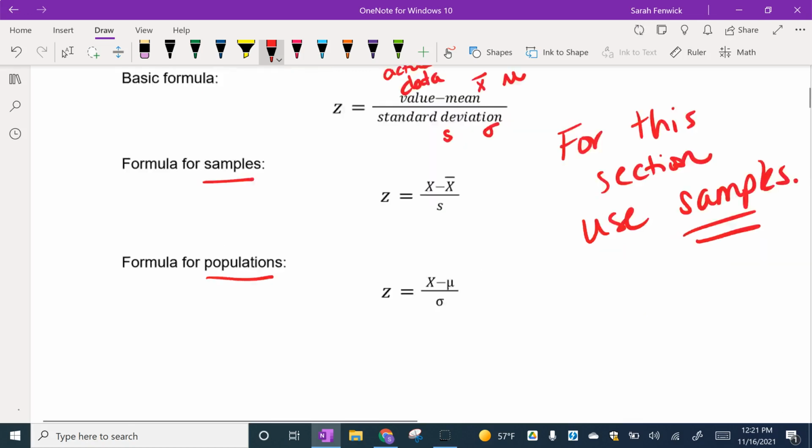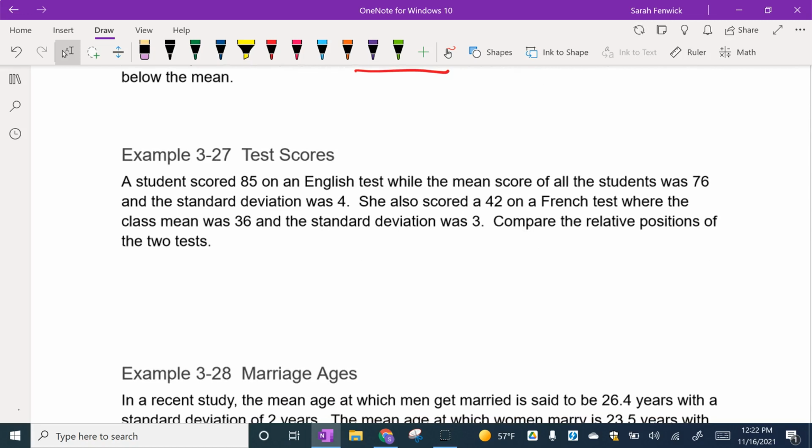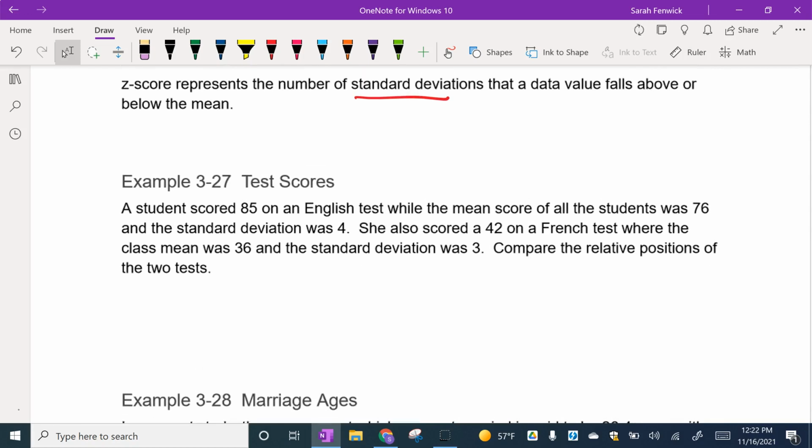Okay? All right. So down here, what does the z-score actually represent? The number of standard deviations that your data value falls above or below the mean. So when we're looking at this, let's talk test scores real quick. We'll look at our example. This is talking about how many points somebody got on a test. What was their score on the test?